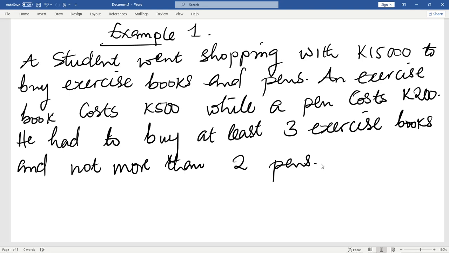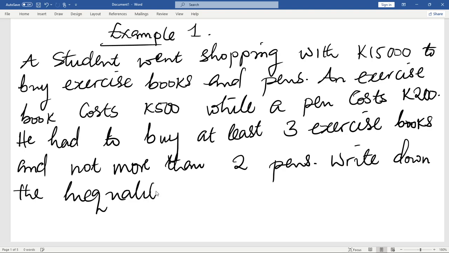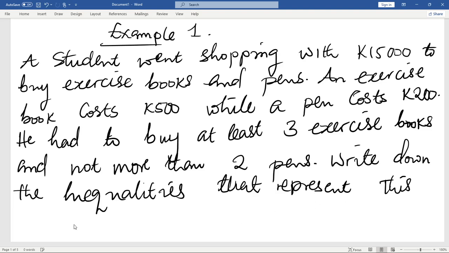Write down the inequalities that represent this information.